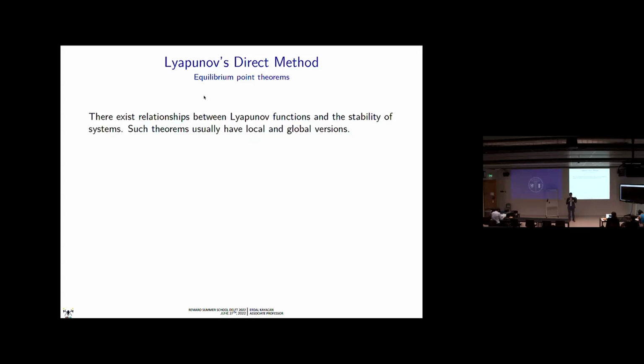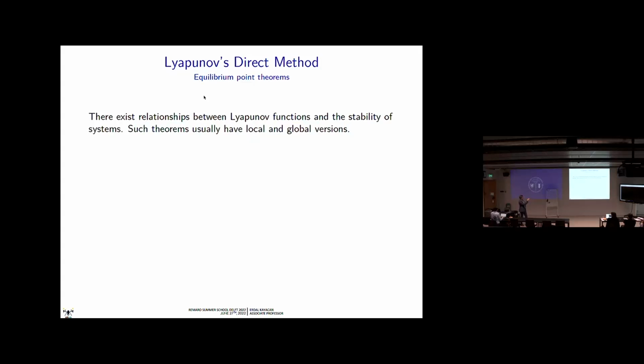Then I can use it as an analysis tool for the stability. So there exists a relationship between Lyapunov functions and the stability of systems, right? Otherwise, I wouldn't show all these slides to you. Imagine that I have spent half an hour and then in the end I said, okay, there is no relationship. I just showed them for fun. You wouldn't enjoy. Okay, definitely there is a relationship between the stability of the system and these Lyapunov functions.